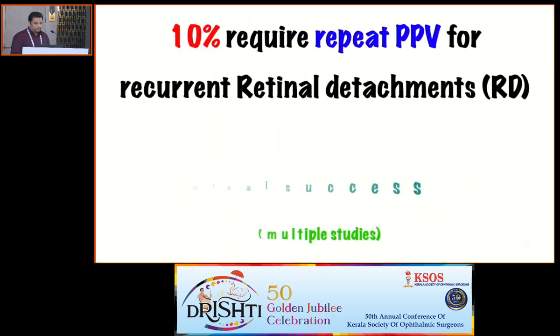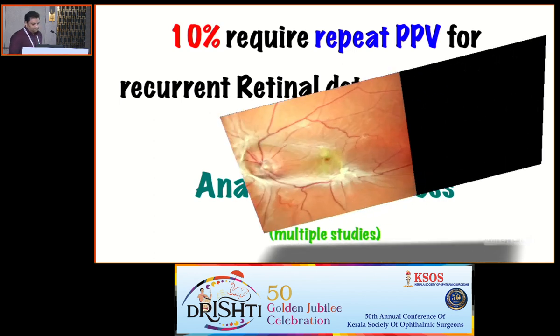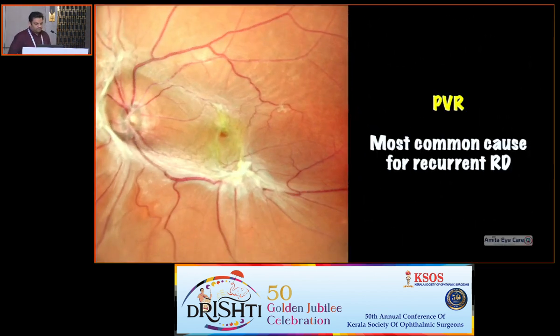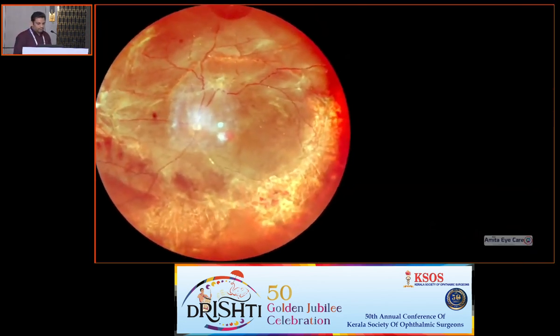Despite these improvements and flawless surgical skill and techniques, about 10% of cases still require repeat pars plana vitrectomy for recurrent retinal detachments. Proliferative vitreoretinopathy or PVR is the most common cause of recurrent retinal detachments.